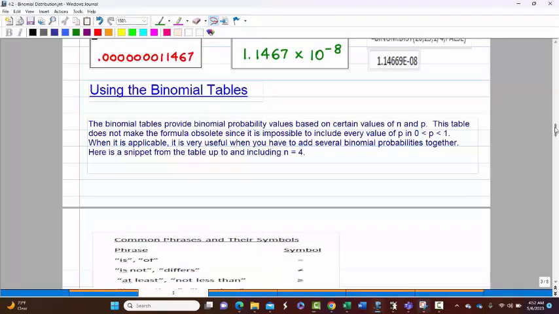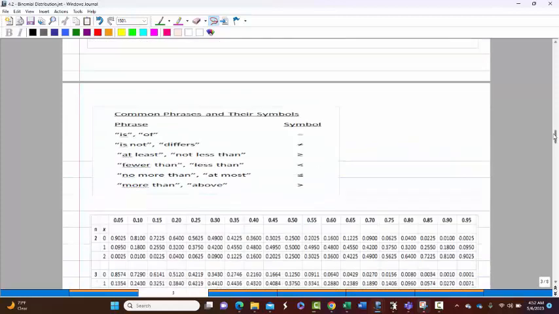Okay, now this we've got to be careful when we're reading wording, and this will come up later in another chapter too, in the 3rd unit. I don't try to get too tricky, and we're not going to really need the differs right now. We will later. But "at least" means greater than or equal to. "Fewer than" and "less than" just mean less than.